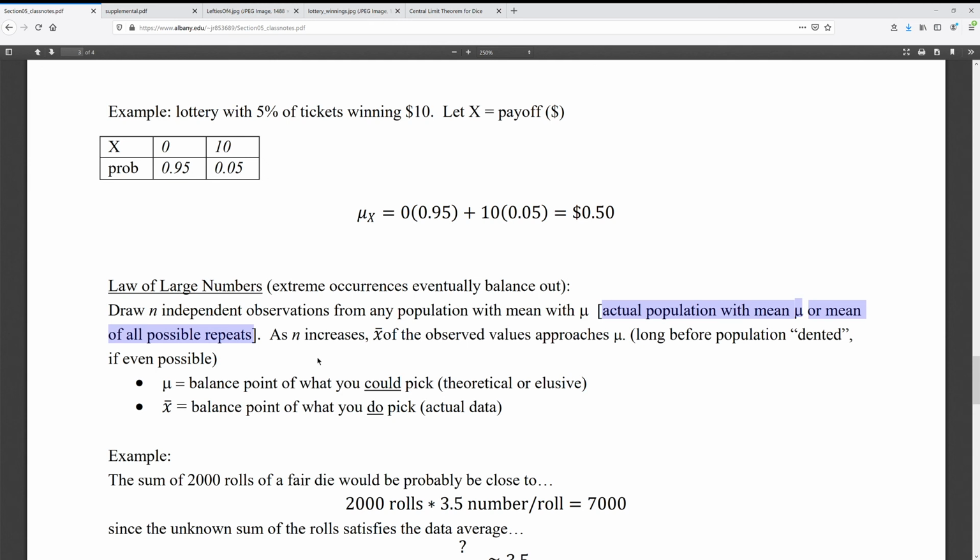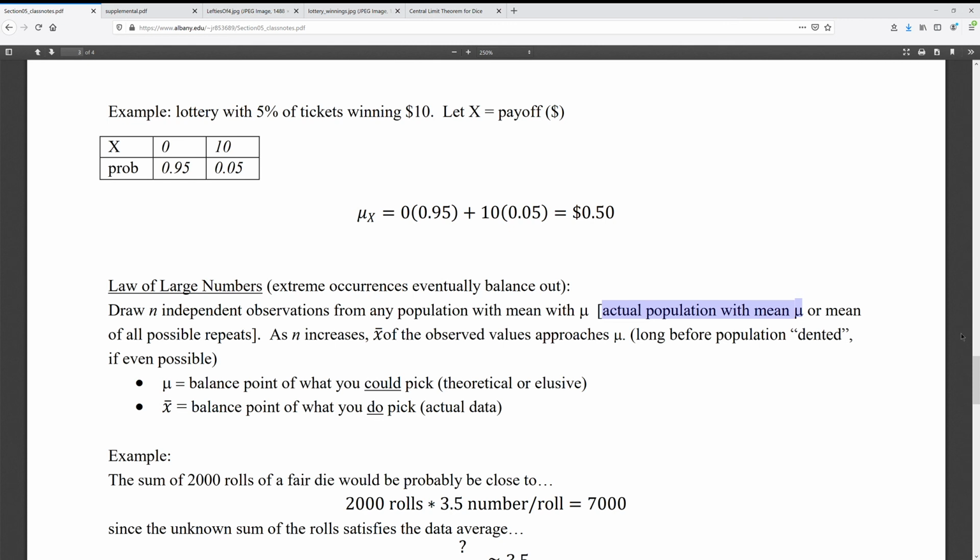So it doesn't really matter whether it's an actual population, like the average height of everybody in the world, 6 billion people. Now again, you could theoretically average together the heights of 6 billion people as data. Add up everybody's heights, divide by 6 billion. But the key word there is theoretically. The heights of 6 billion people is never going to be data. So it is a theoretical average, mu.